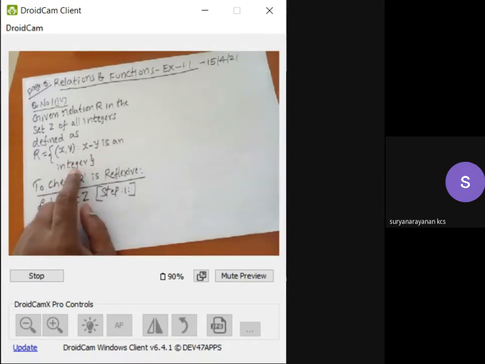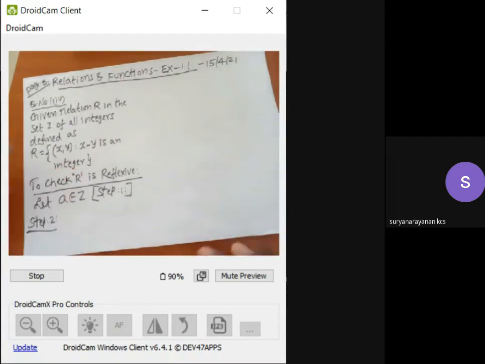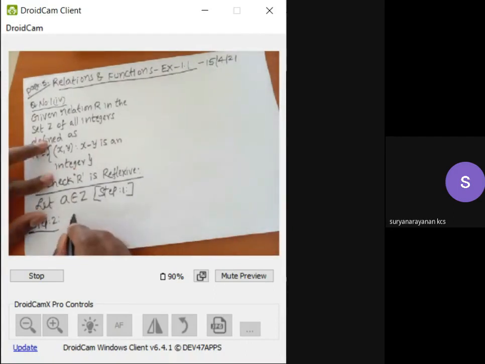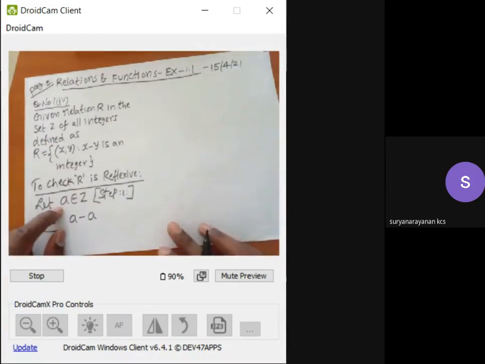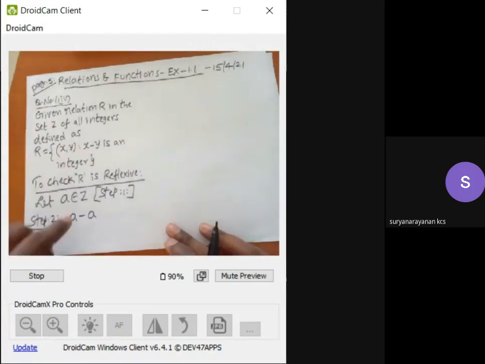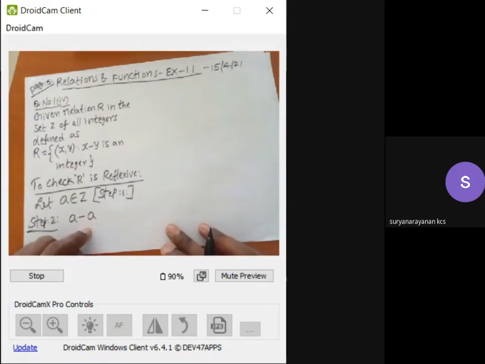This is a statement. This is a relation between x and y. Yes or no? In this statement, we have to write a minus a, because we have taken a number from the domain. a belongs to Z. So we are writing a in the place of x, and in the place of y is also a.